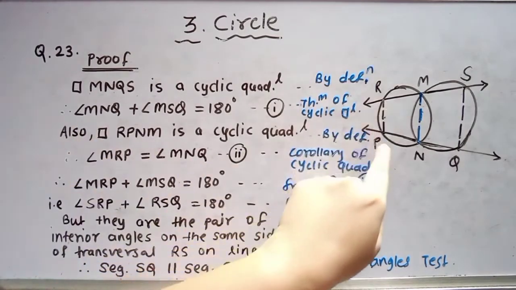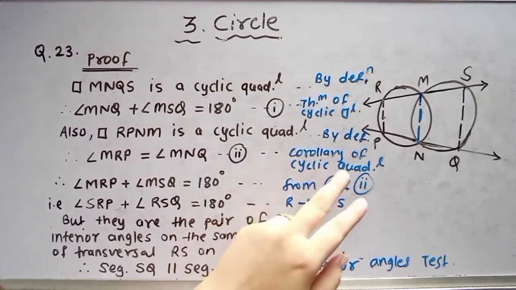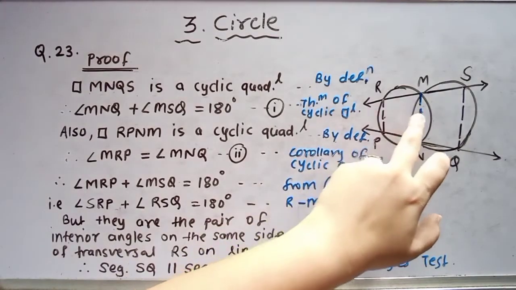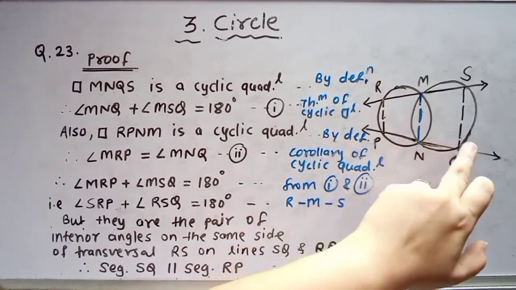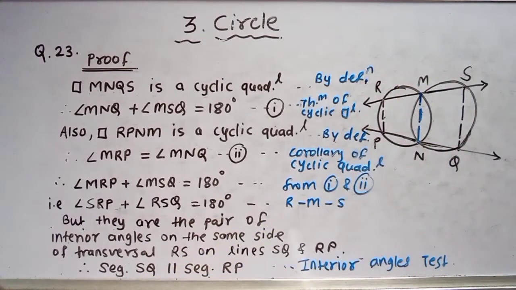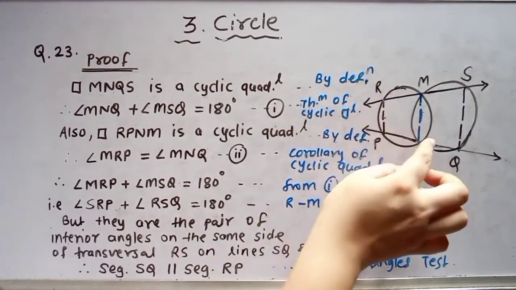Also RPNM is a cyclic quadrilateral, same reason, by definition. Therefore, what we have to write here? We have to use the corollary of cyclic quadrilateral, which says this is a quadrilateral which is cyclic, angle MNQ is its exterior angle. So this exterior angle is congruent to what?